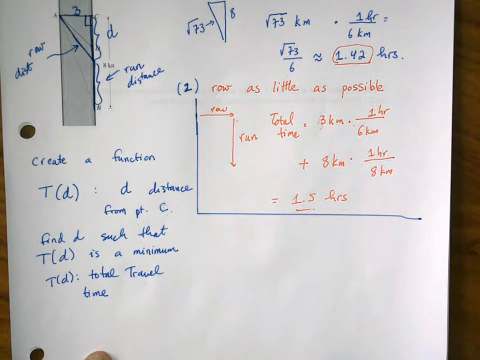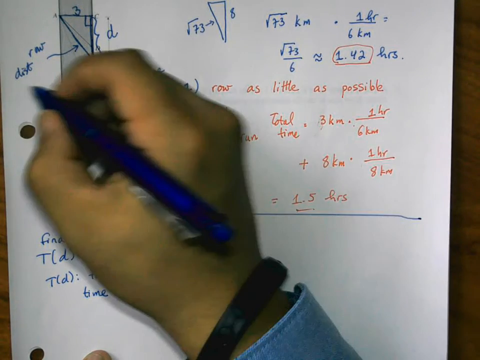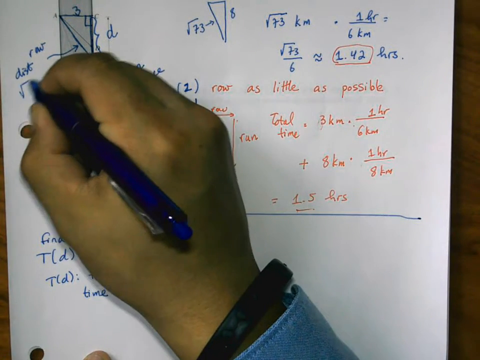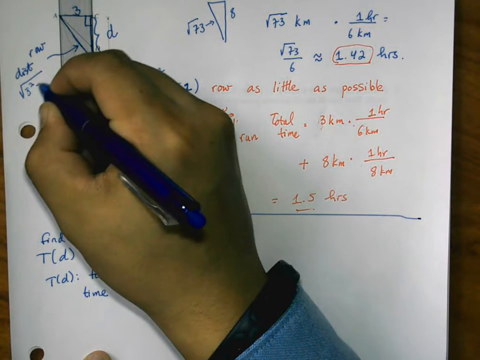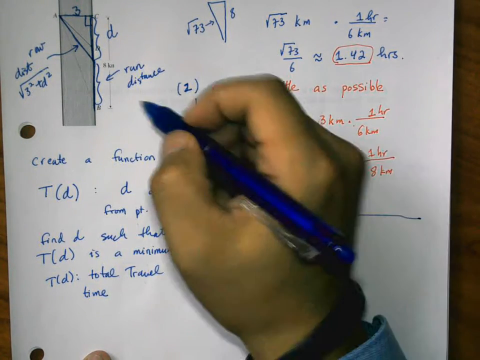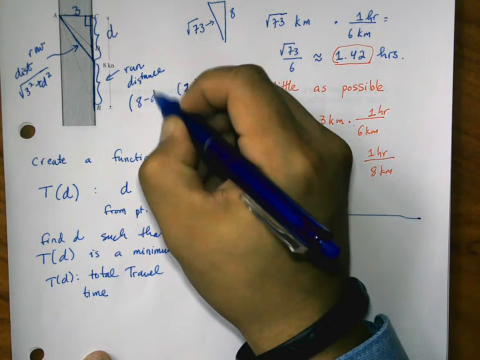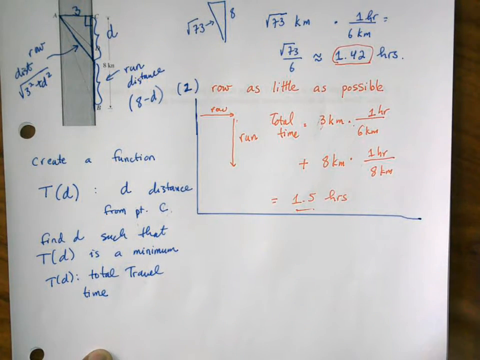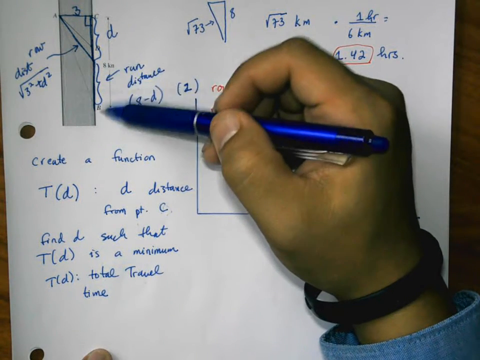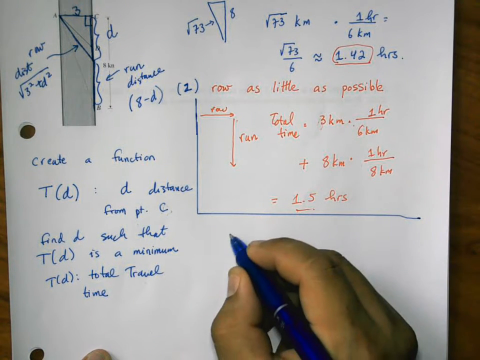Okay. So in other words, he's going to row this length, which is the square root of 3 squared plus D squared. And he's going to run this length, which is 8 minus D. So this length here, whatever it is, it's going to be 8 minus D. Right. So now we can set up this equation quite nicely.